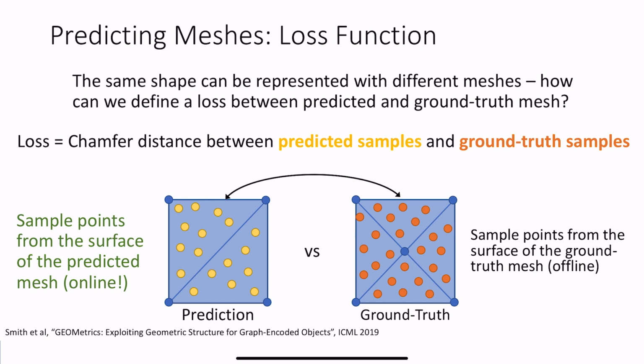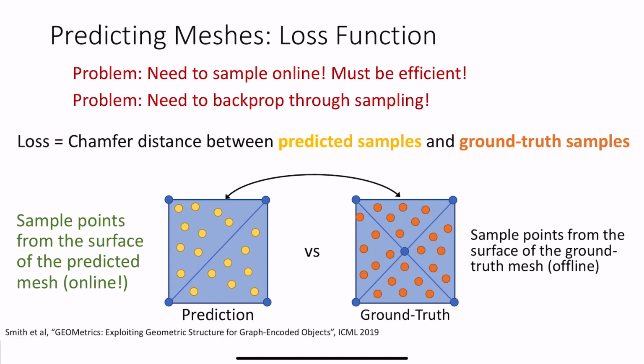The idea is to sample from the surface of the predicted meshes as well during the online procedure. I mean, during the training, just actively sample points from the predicted mesh model, then generate the chamfer distance. So maybe it will be a better solution to consider not only vertices but also the surface.